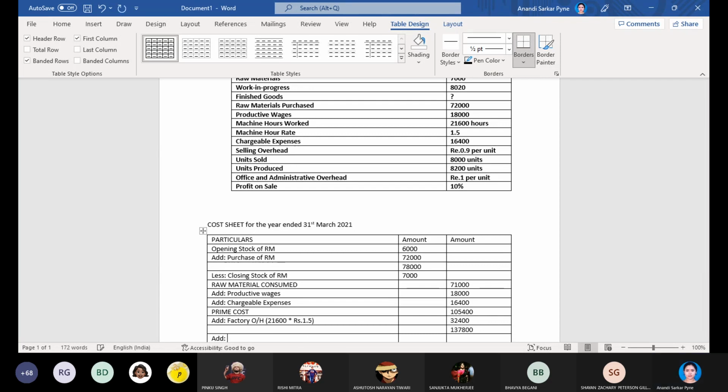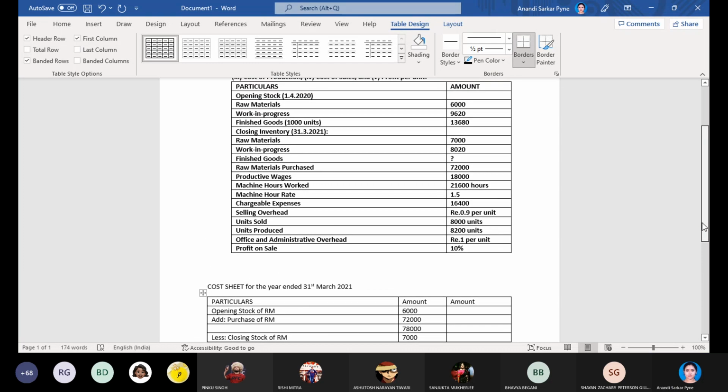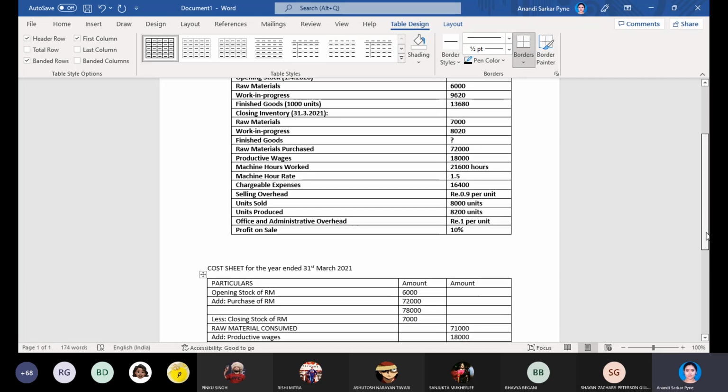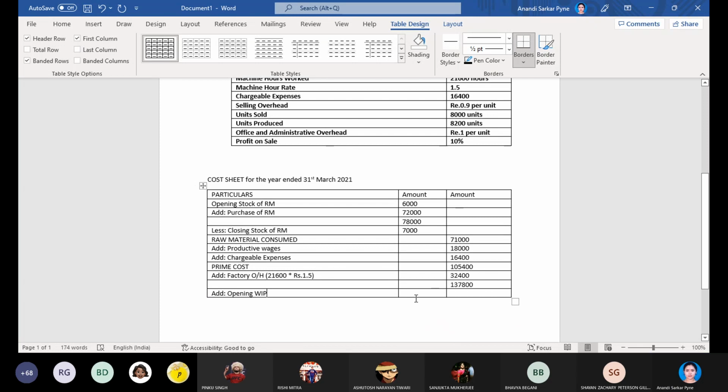Add opening work in progress, which is 9620, and closing work in progress is 8020. Ma'am, 1,39,400.